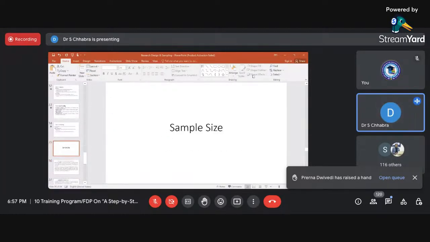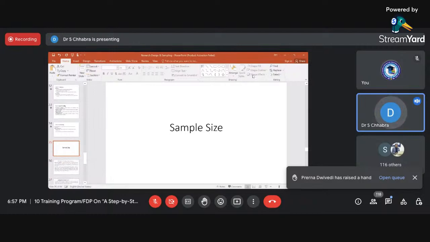Now I quickly move on to the last part of my presentation, and then I open the house for a question answer session. Sample size: many people, right from their PhDs to their research papers, are tangled with this question, and you would be asked such questions even in your vivas, how you picked up a sample size.